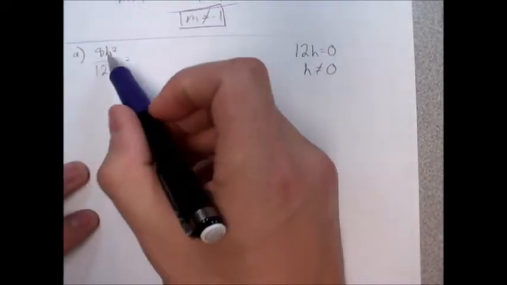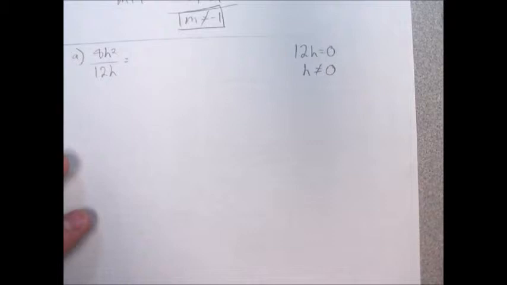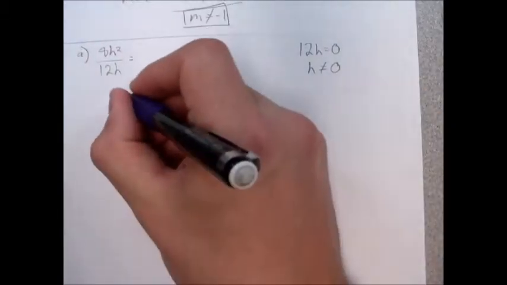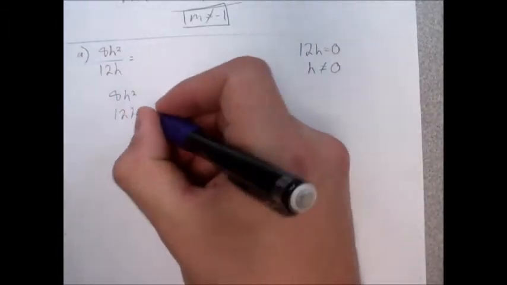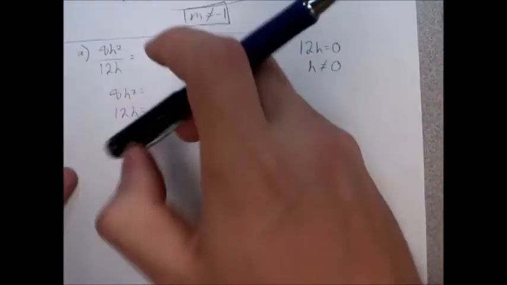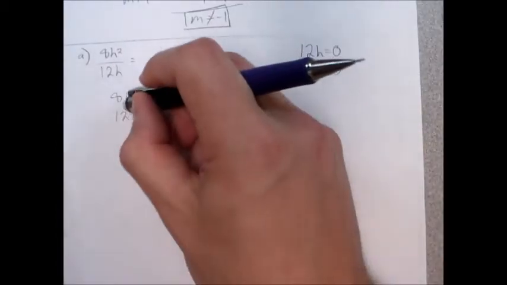Okay, next it says we need to simplify this. In order to simplify, I must factor. So I'm going to look for my greatest common factor that I can pull out of the top and the bottom. Okay, so I look at 8h squared, and I'm going to expand it, and I'll look at 12h, and I'll expand that. So remember, I'm looking for the prime factorization of these two numbers.